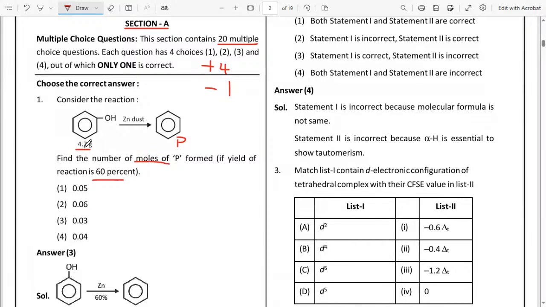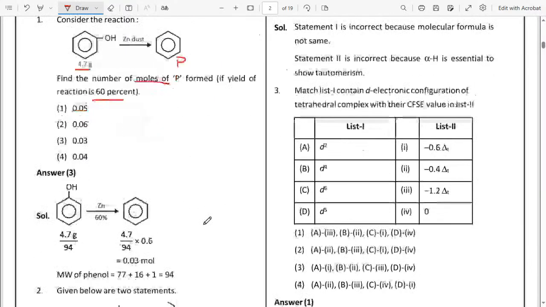So 4.7 grams, how many moles? Starting material is taken as 4.7 grams by 94.